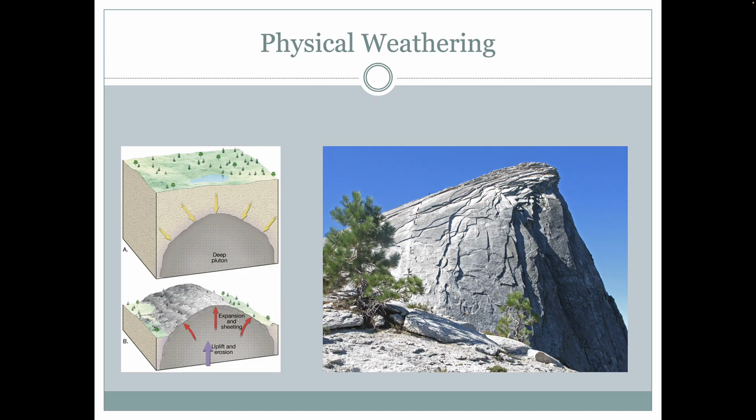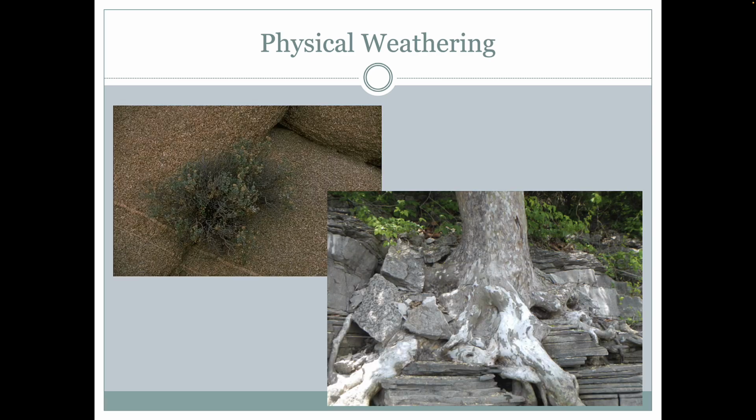And so this process is called exfoliation, E-X-F-O-L-I-A-T-I-O-N. And that means just the outer layer of rock is peeling off because it's under a lot less pressure than when this igneous pluton formed.